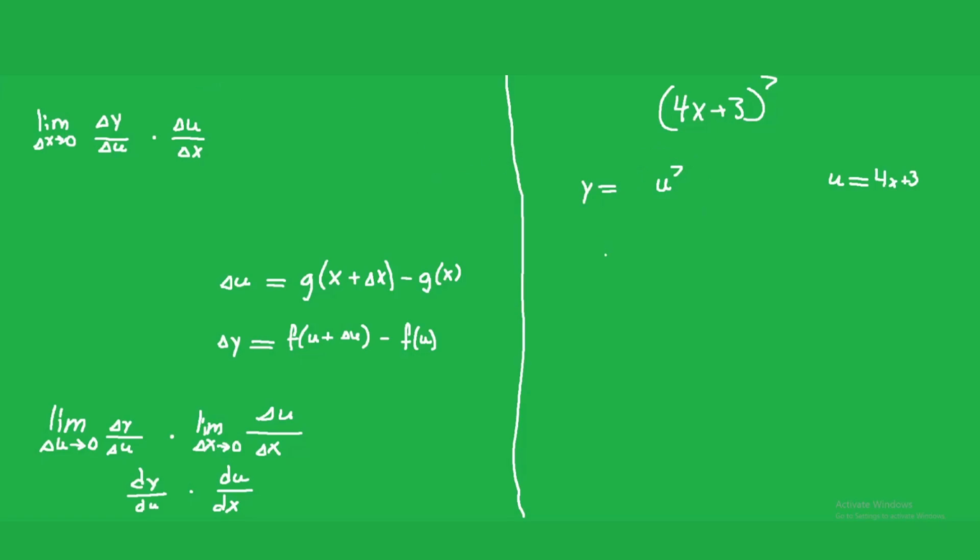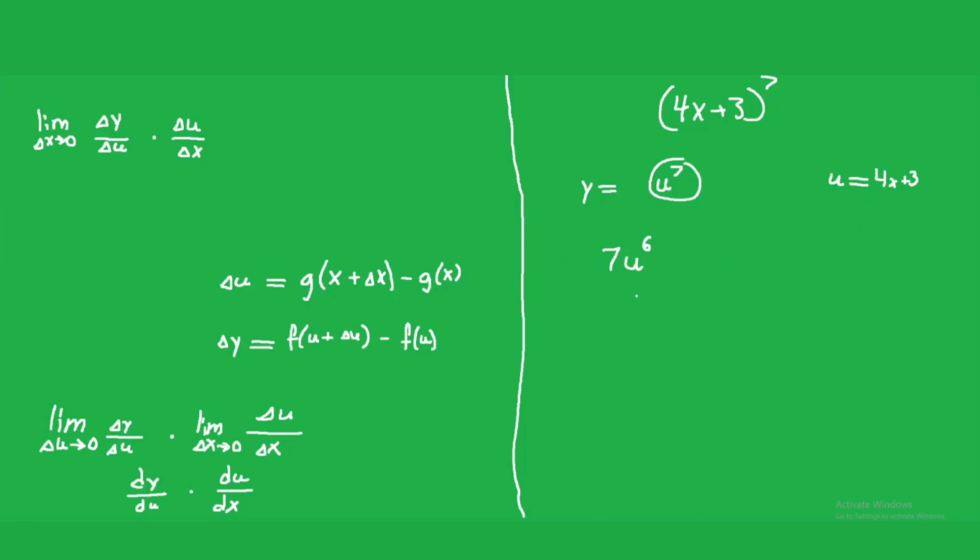So I'm going to write it. If you notice, this looks awfully familiar to x to some power, and it works the exact same. I'm just saying that it's the same thing. It's just another variable. It works the same way. So I'm going to say 7u, this is just the power rule, to the 6th. Okay, that's dy over du.